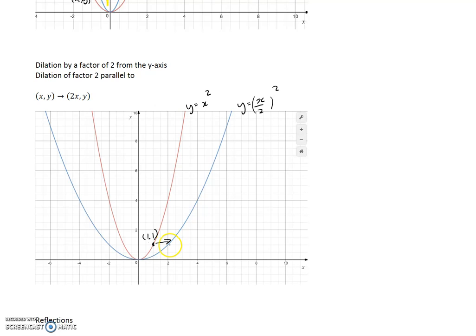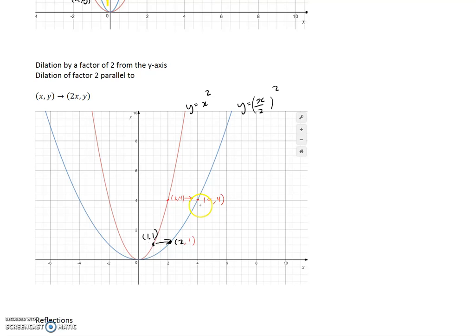Okay, so that one gets mapped to x is 2, y is 1. Alright, let's pick another point. (2, 4), where does that get mapped to? It gets mapped to (4, 4).